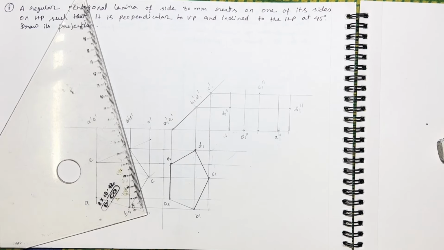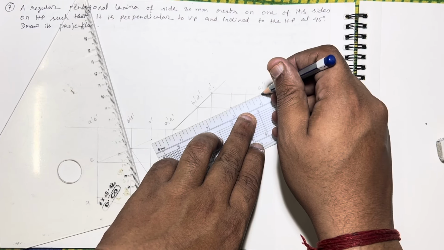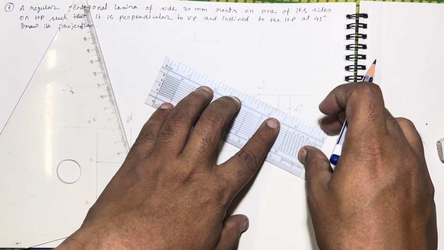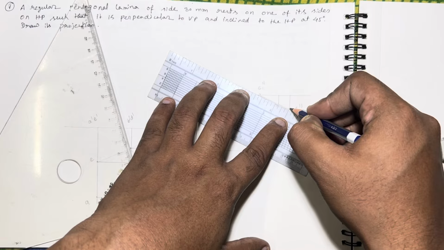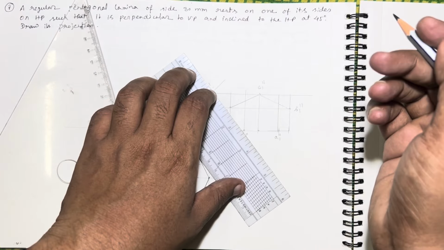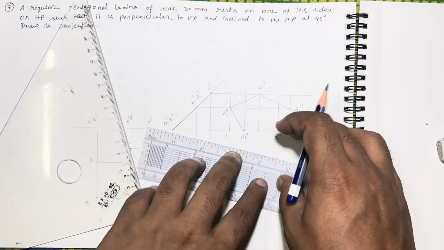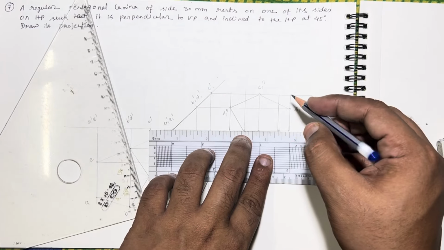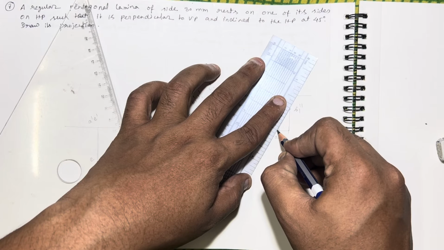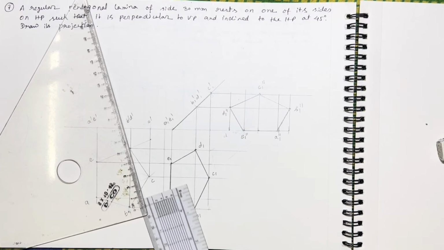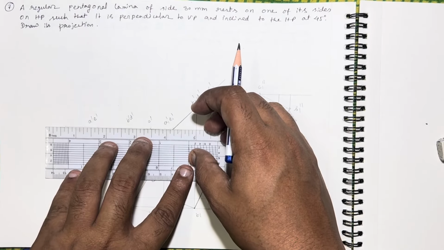So we get all the points. Now join all the points for getting the side view. This should be a thick line. So this type of drawing we get, and you should also darken this one.